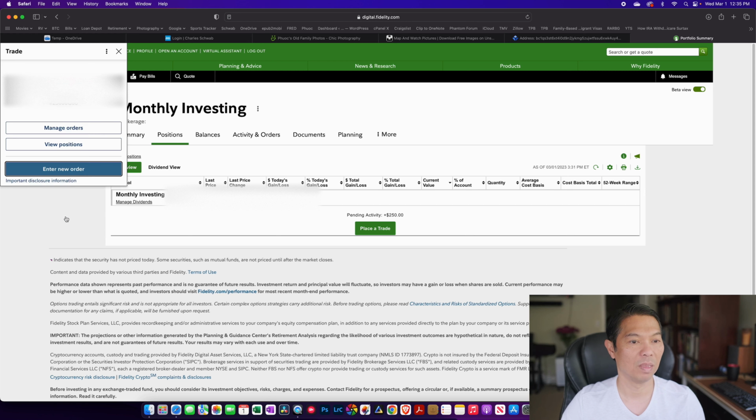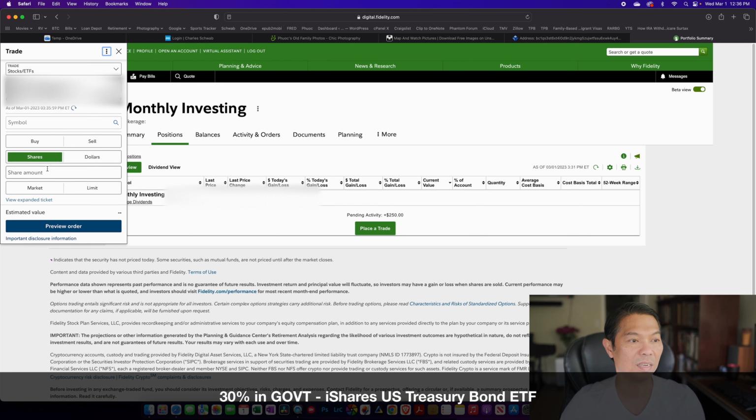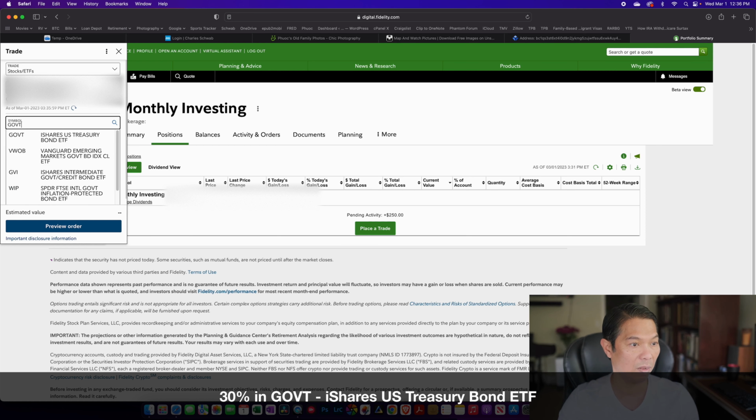All right. The next one is the 25% US Treasury. This is going to be a little bit different than the $1 million portfolio, where I was using TLT as the vehicle for that. TLT is an iShares long-term treasury, so it was 20 plus years of duration. For this one, I'm actually going to adjust slightly and use GOVT, which is an iShares treasury bond ETF.